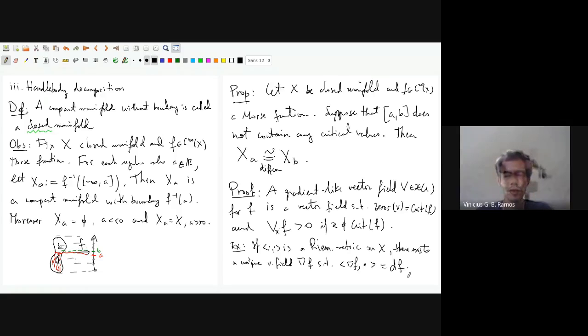Okay, and you can check that the gradient of F is a gradient-like vector field.